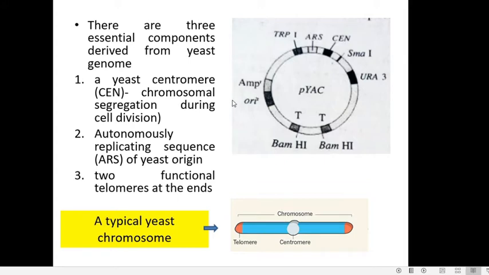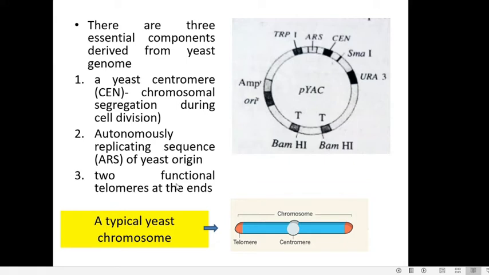Whereas here you have another ORI. This is the sequence which will initiate replication of this DNA when it is inside a bacterial cell. So it has got a separate ORI when it is functioning inside a bacterial cell, and it has got another ORI or ARS when it is functioning inside a yeast cell. That is why I told you it is a shuttle vector.